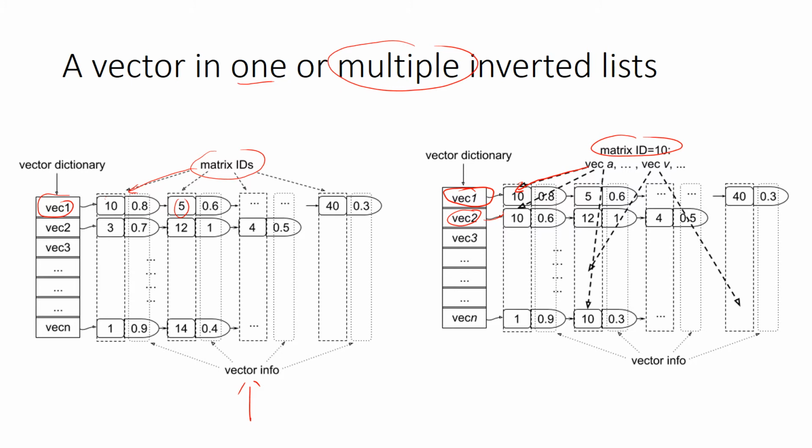The reason why one vector can be stored in multiple inverted lists is that the vector from the matrix may be similar to multiple vectors in the vector dictionary. So this duplication can speed up the query processing.